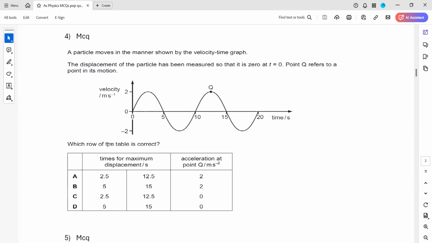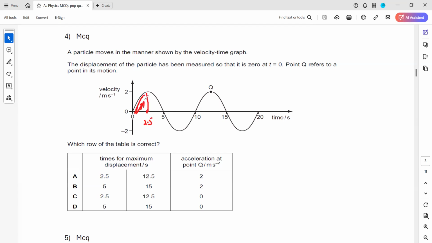We want to determine the time at which the object has a maximum displacement. So displacement is the area under the graph. For a velocity-time graph, if you need a displacement, it is the area under the graph. When I take the displacement, for example at 2.5, what will be the area under the graph?